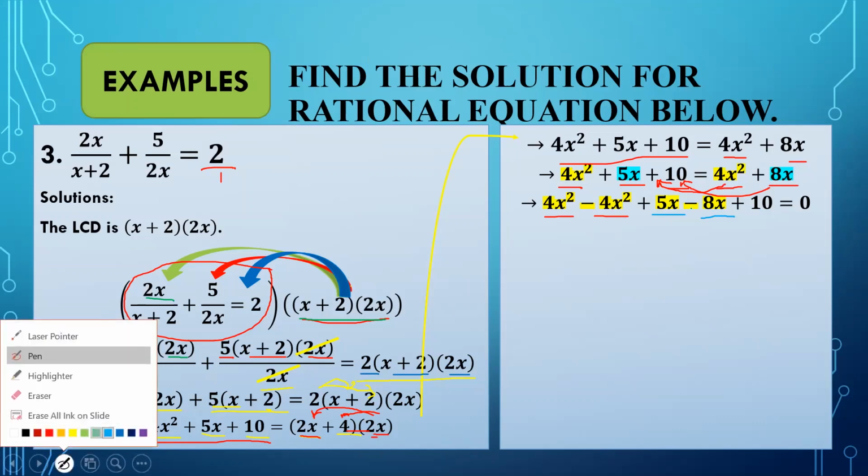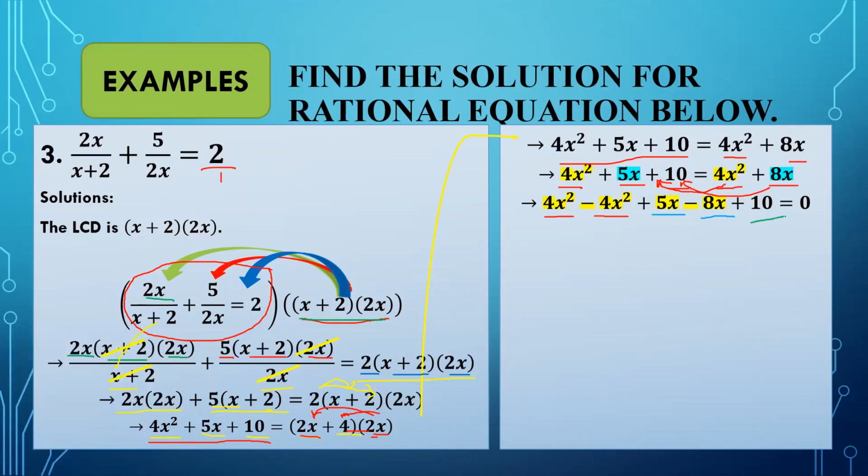So we have here 10, and this equals 0. Since all the expressions here are transferred from this side to here, obviously the remaining number here will be 0.